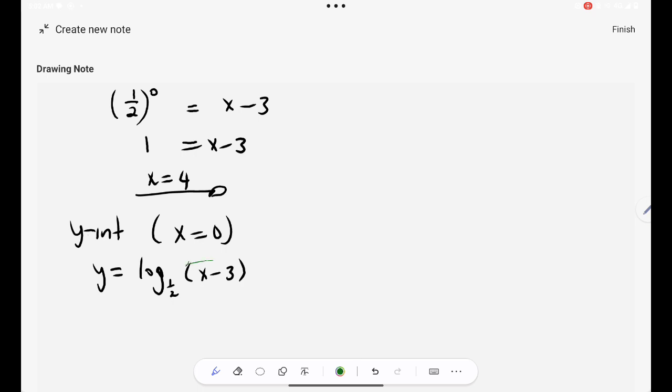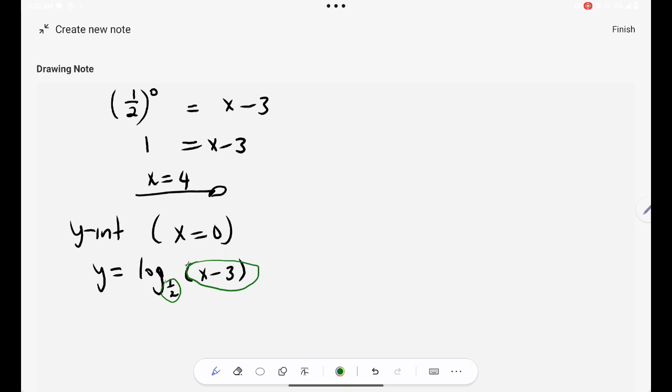Right? This is the index and this one is the base. The index of the log has to be always greater than 0. But if I put 0 there at x, that means I would have a log of negative 3, which is undefined because a logarithm index has to be always greater than 0.